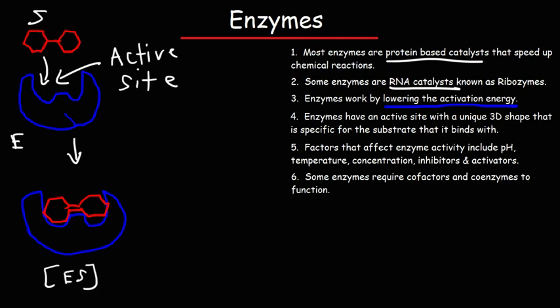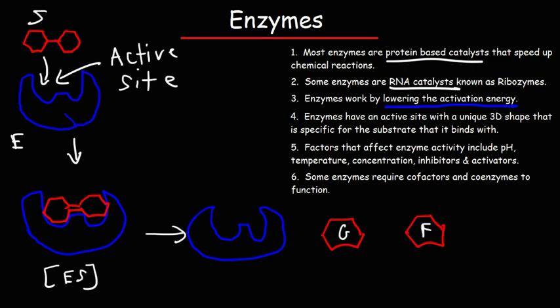So this is when the enzyme is catalyzing the reaction, in this case the breakdown of sucrose. And then once it finishes doing its job, it's going to return back to its original shape, and then the products will be released. So we have G for glucose, F for fructose. So we have the original enzyme, and these are the products.